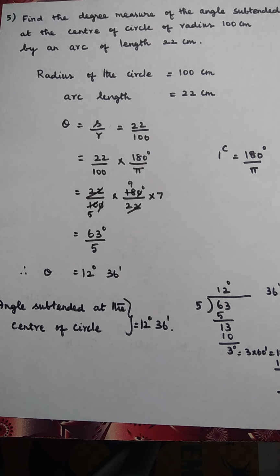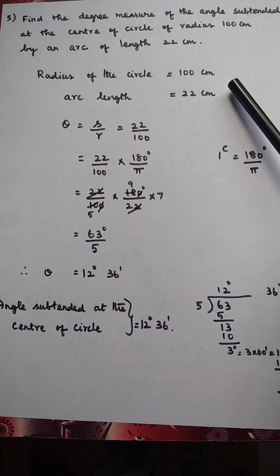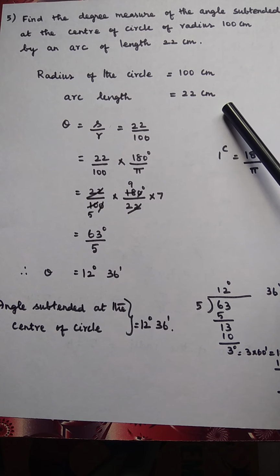Question number 5. Find the degree measure of the angle subtended at the center of a circle of radius 100 centimeter by an arc of length 22 centimeter. We want to find the degree measure given the radius and arc length. Radius of the circle is 100 centimeter, arc length 22 centimeter.